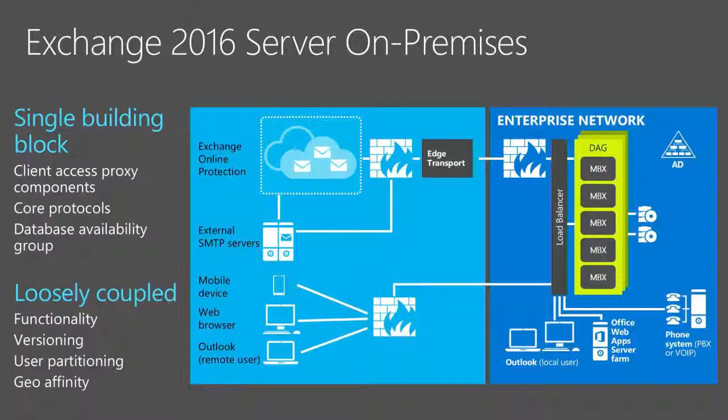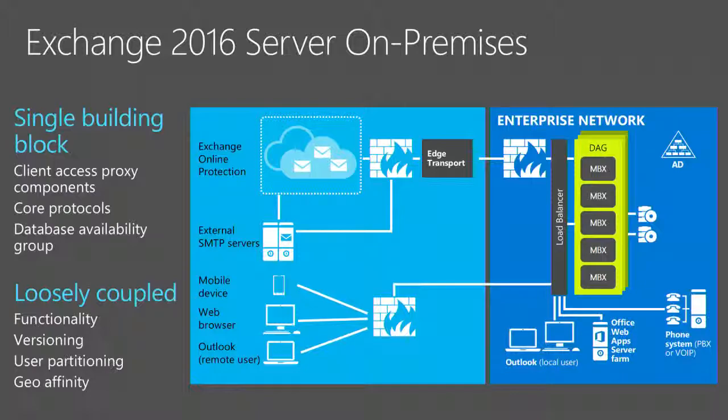Interesting. OK. We really have achieved the goal of taking all of the components that originally made up the server roles in 2007 and now became the services in the mailbox role in 2016. We really have achieved the goals of having them loosely coupled from a versioning aspect, from a functionality aspect, from a geolocation aspect.